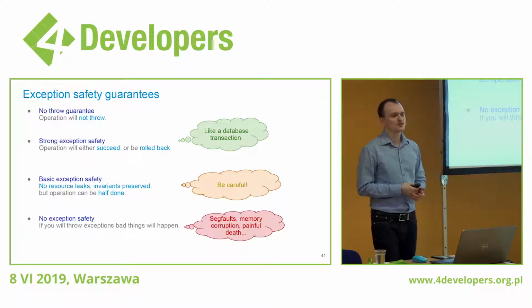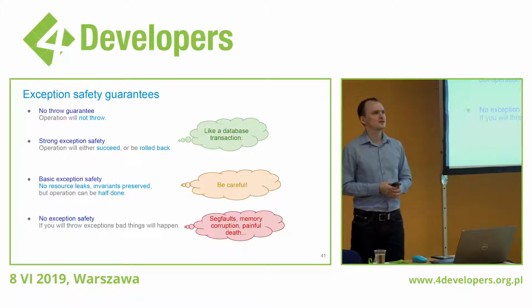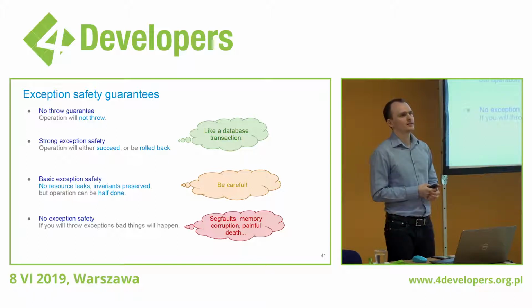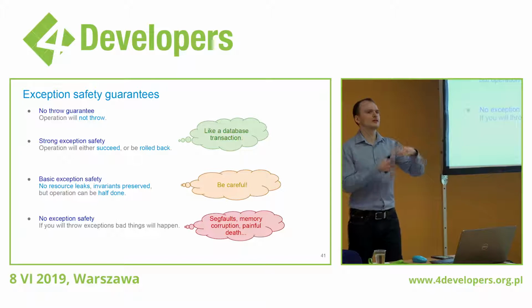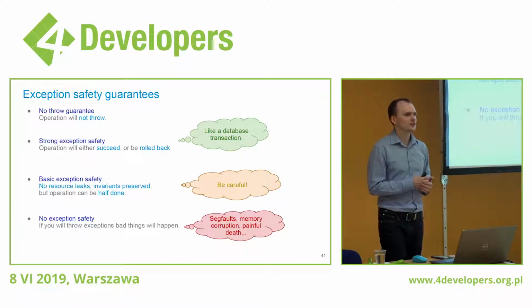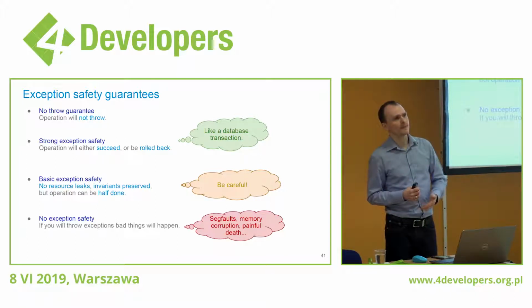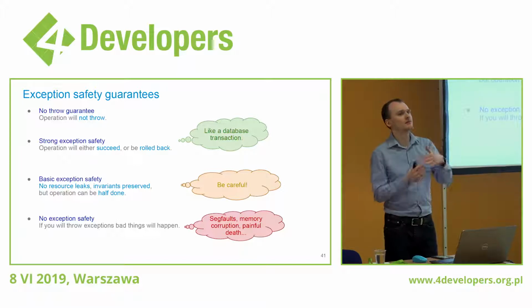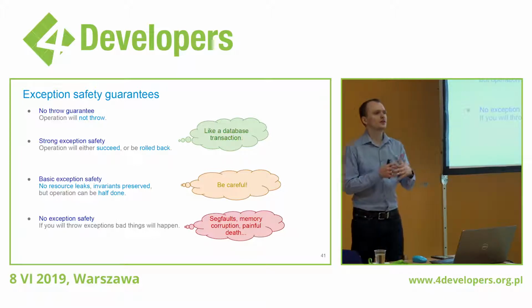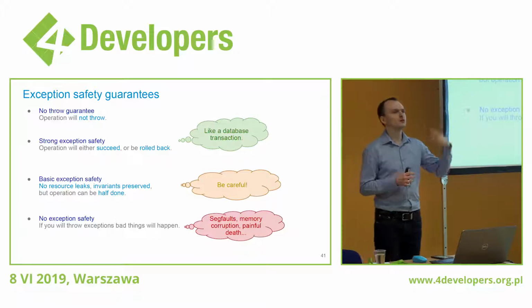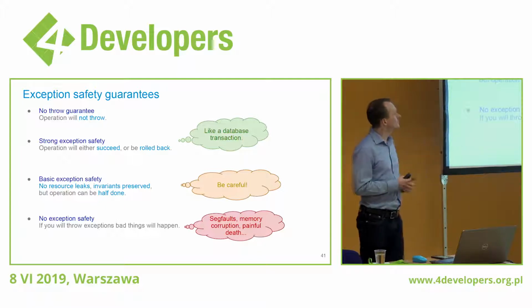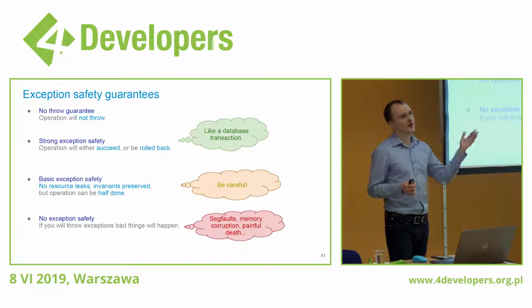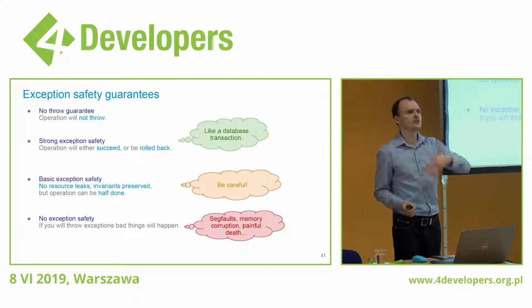It can have strong exception safety, which means that if an error happens during execution of your function, this function will completely roll back everything it did. So we have a transactional semantics here. The function will either succeed or be completely rolled back.